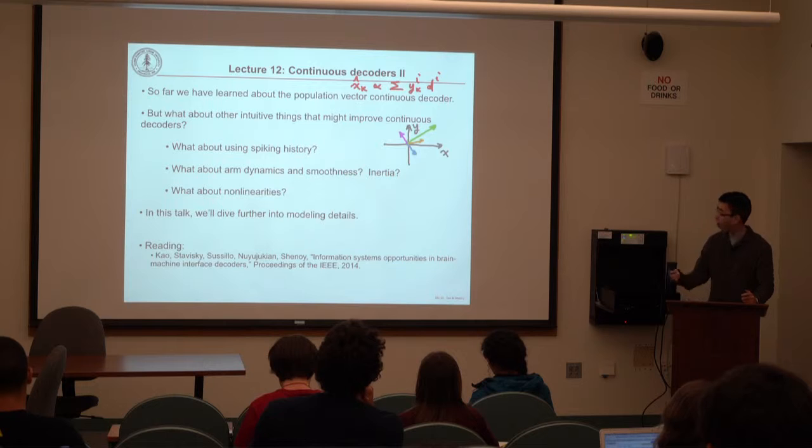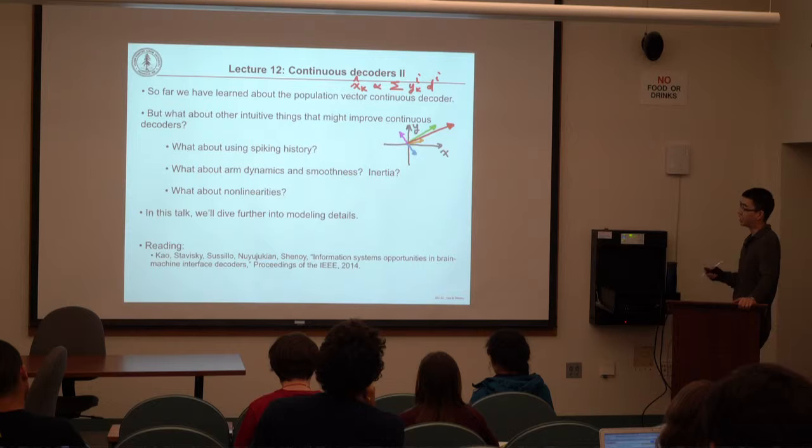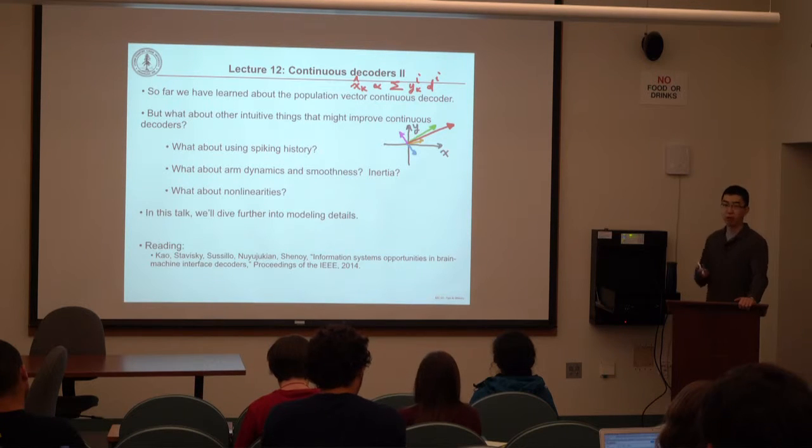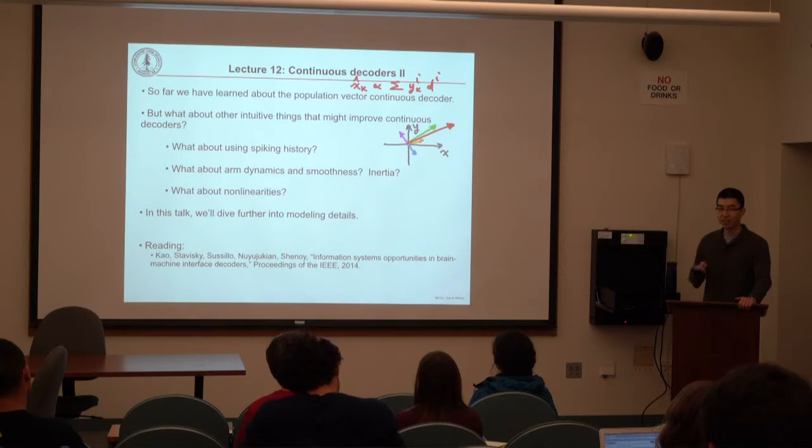We sum all these vectors head to tail, and we might get a velocity that looks something like this. This is exactly what Professor Shenoy went over last Friday, and it seems very intuitive based on what we've learned so far about the motor system, and how tuning curves can model neural activity to an extent. But there are several intuitive things about this decoder which are missing.